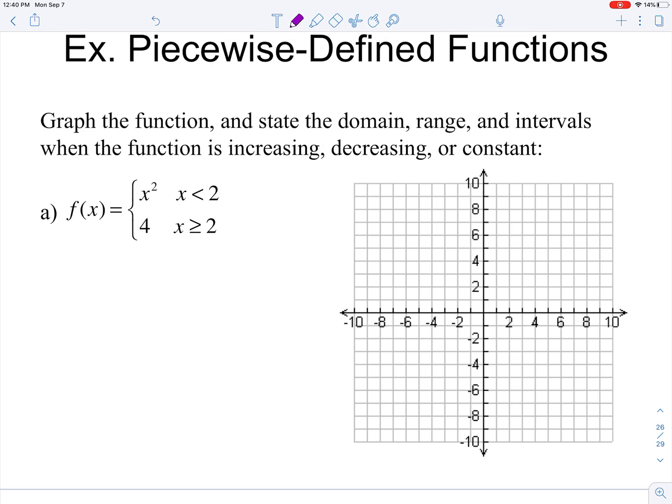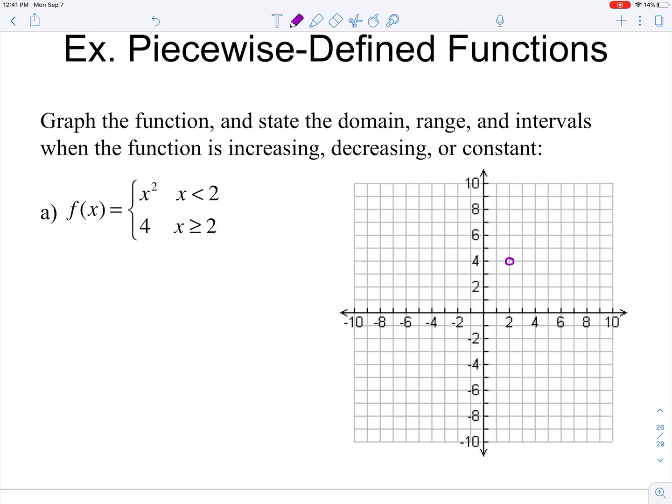So, for example, this function f of x equals x squared when x is strictly less than 2, and 4 when x is greater than or equal to 2. So that means from negative infinity up until 2, but not at 2, the graph is going to look like x squared. So if I wanted to plug 2 into that first piece, I would have the point (2, 4), but the graph is not actually defined there.